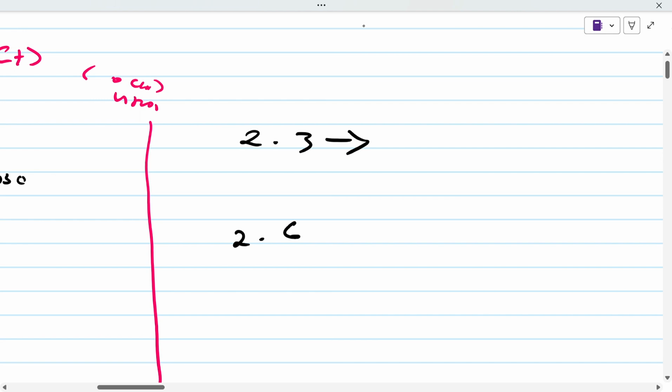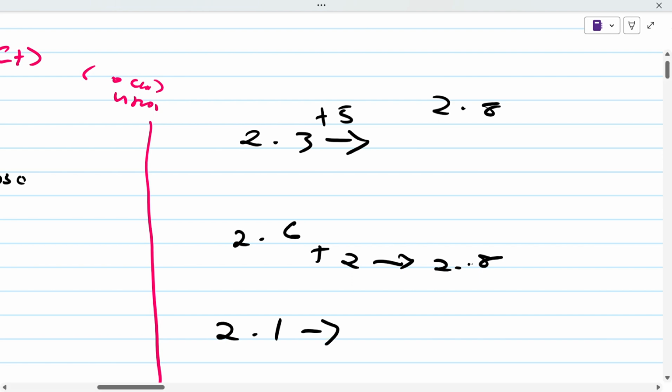This one needs 5 to reach 2-8. This one needs 2 to reach 2-8. Now, another one can be 2-1. This one needs 7 to reach 2-8.